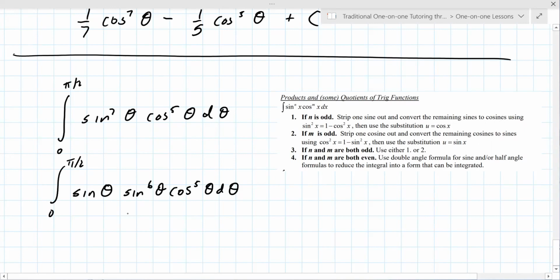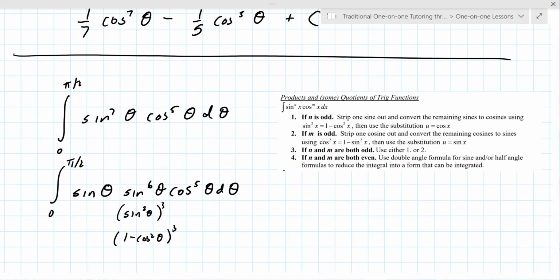So this right here is really sine squared theta cubed, which means it's 1 minus cosine squared theta cubed. Is that okay so far? Yep, I'm with you.